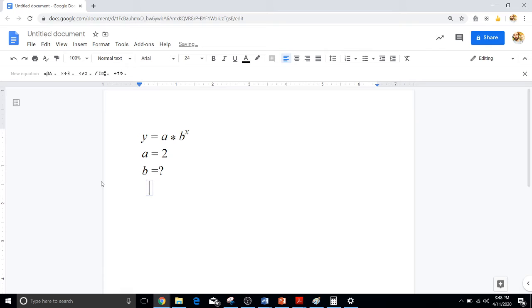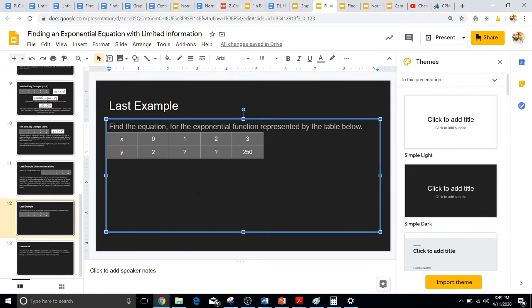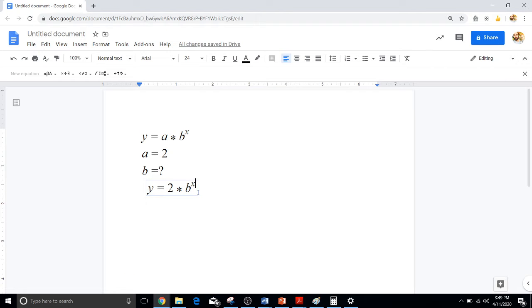Okay, so again, we know that y equals a times b to the power of x. We know that our a is going to be the number 2. We also know that our x and y coordinates were (3, 250). So let's change our x to 3 and our y to 250. Wonderful.